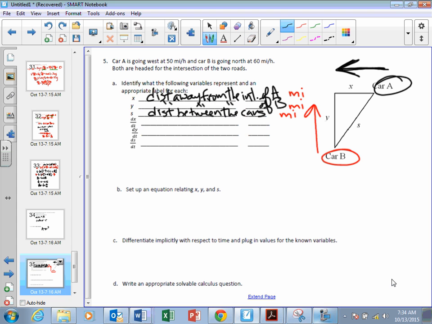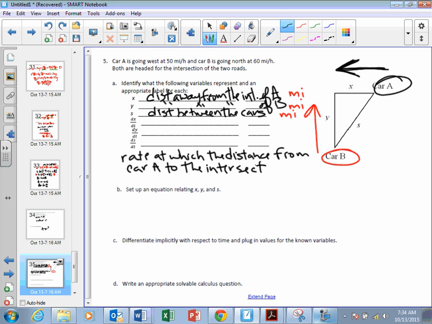I'm going to write it down here below. The rate at which the distance from car A to the intersection is changing. So that's going to be right there in dx/dt.